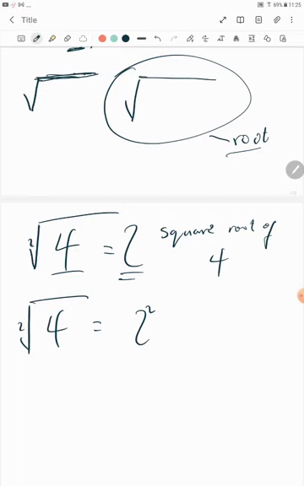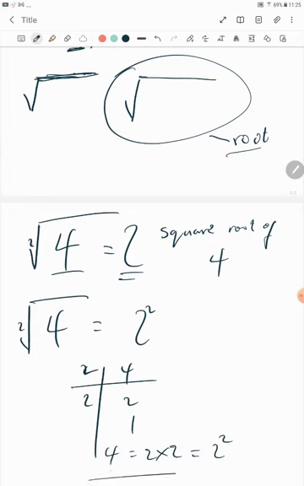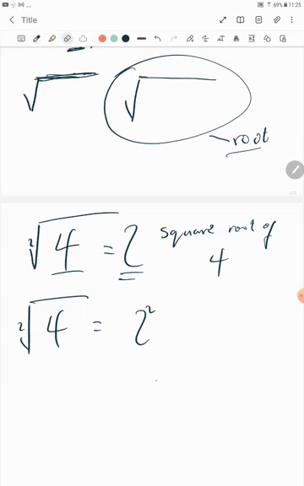If they give you 4 to write as a product of its prime factors, you say 2, and then you say what? 4 is equal to 2 times 2, which is 2 raised to the power of 2. So writing 4 as a product of its prime factors and leaving it in index form will make us have something like this. So this is what it means.